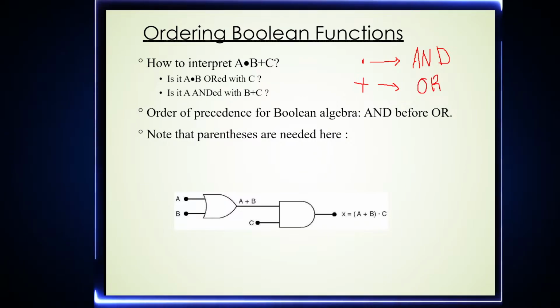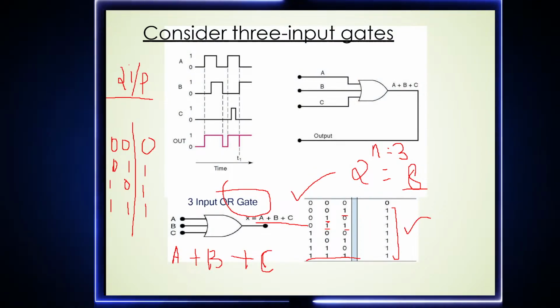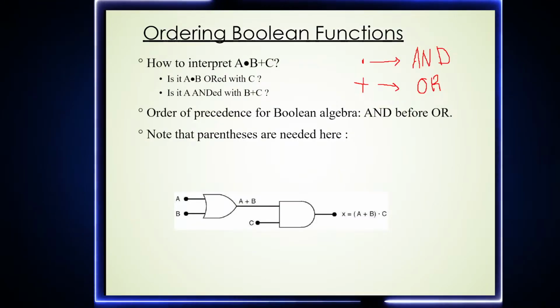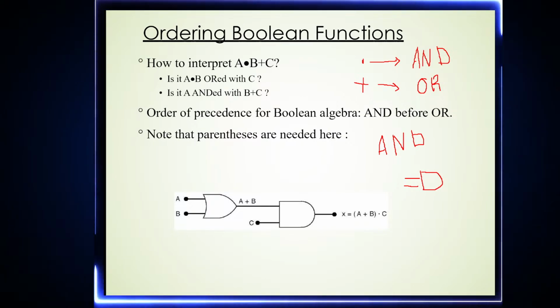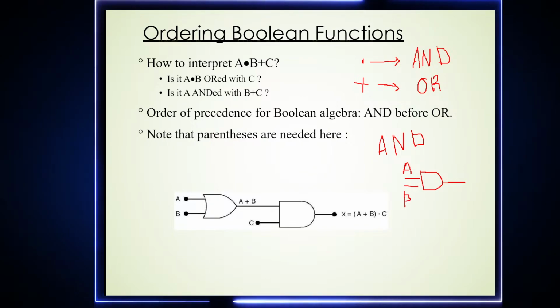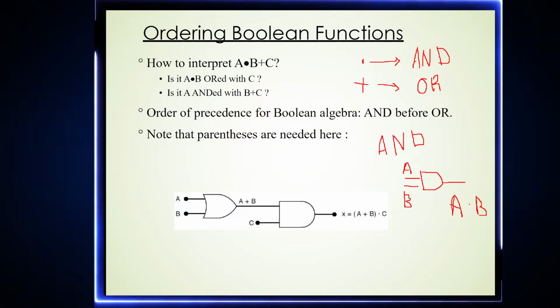Just now we saw that when it's an OR gate, the output will be the addition of all the digits. But if it's an AND gate, say a 2 input AND gate, I'll consider this is my A and this is my B. In case of a 2 input AND gate, the output will be the multiplication, we can say, of the digits.